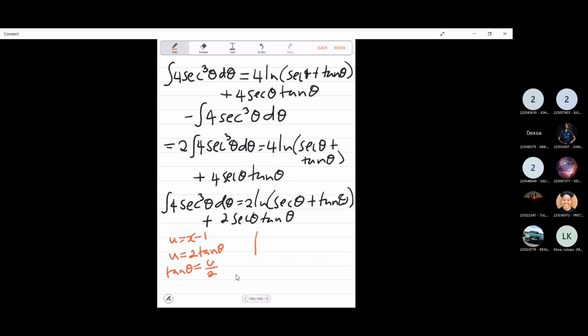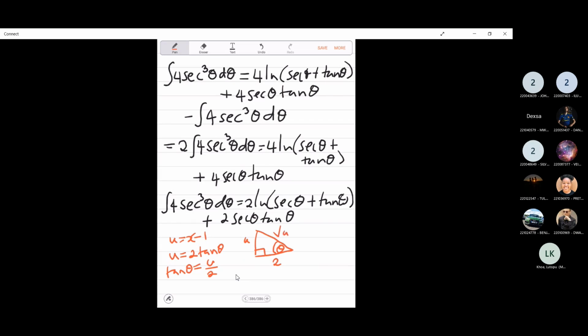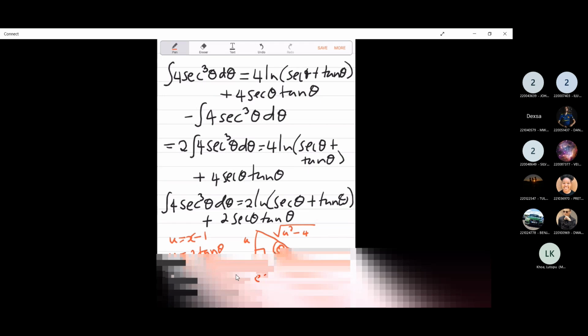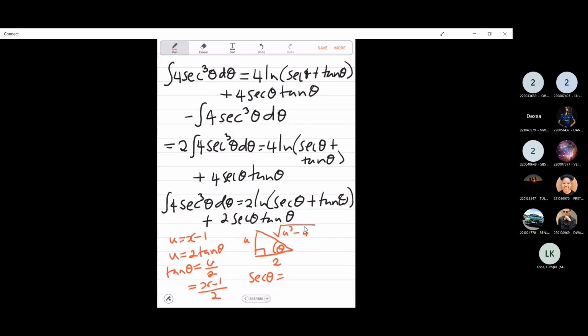So we draw our triangle, put theta here, and this is the opposite, this is the adjacent, this is the square root of u squared minus 4. So tan theta in terms of x, this is x minus 1 over 2, and then sec theta we know is the hypotenuse over the adjacent, and we can rewrite u in terms of x.